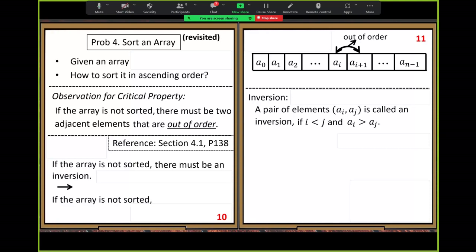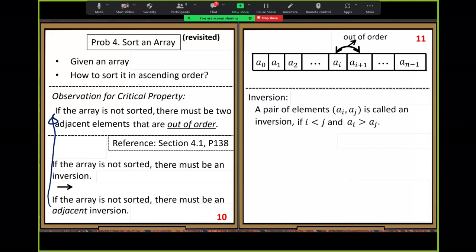All right. Another one: if the array is not sorted, there must be an adjacent inversion. Look at that, we just add the word adjacent. If an array is not sorted, there must be an adjacent inversion. So this statement is the same as our previous one.